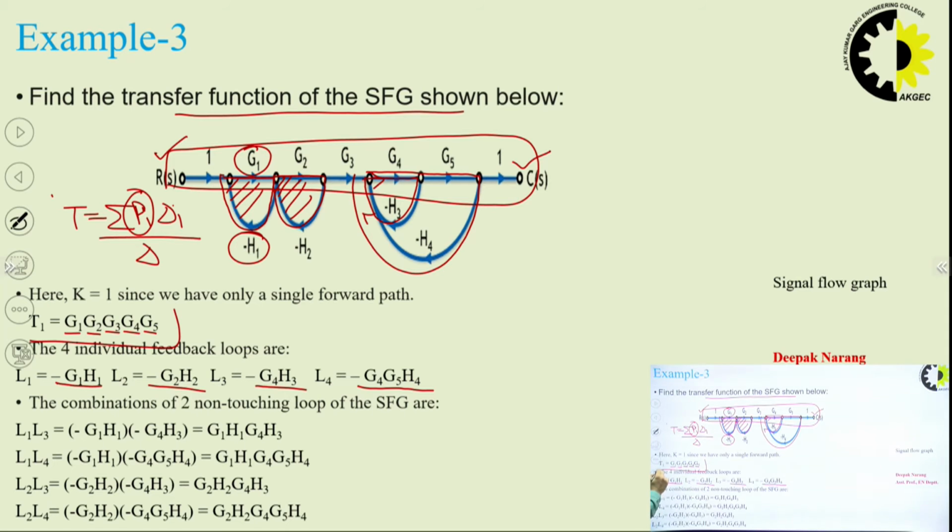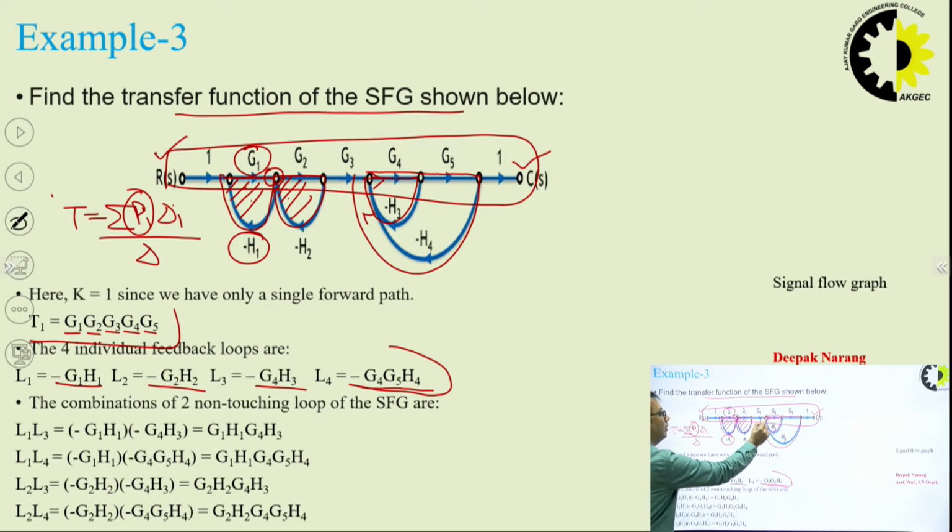First of all, we have obtained the forward paths. Next, we have obtained loops. Next is to find the combinations of non-touching loops. We can see here these two loops cannot be non-touching because they have one common point.